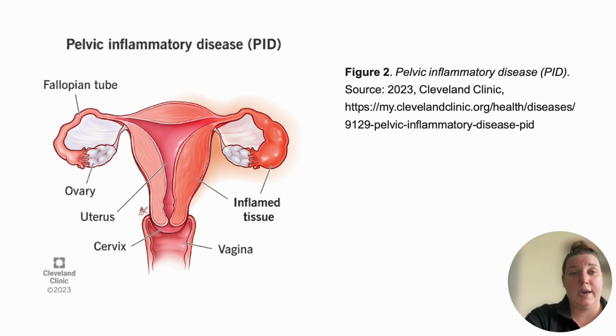Now, in some rare cases, it could lead to the invasion of lymphatic tissues. So, Chlamydia trachomatis could invade the lymphatic tissues as well. And this is known as a condition called lymphogranuloma venereum.